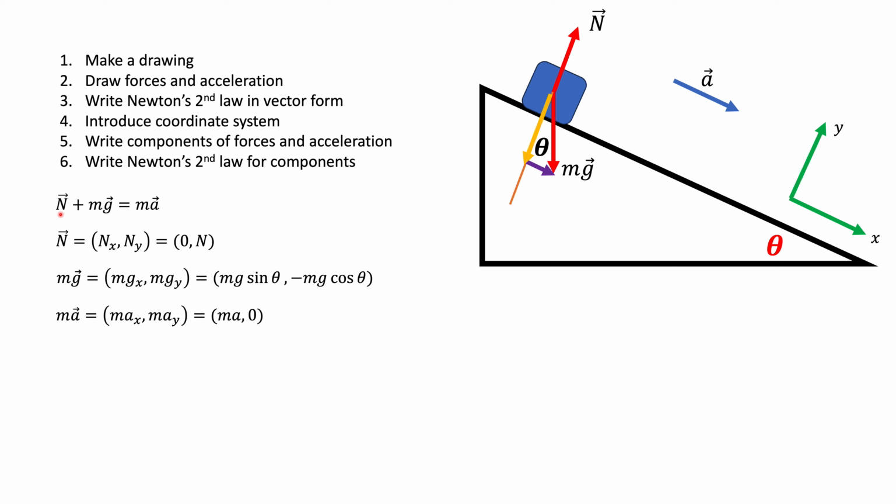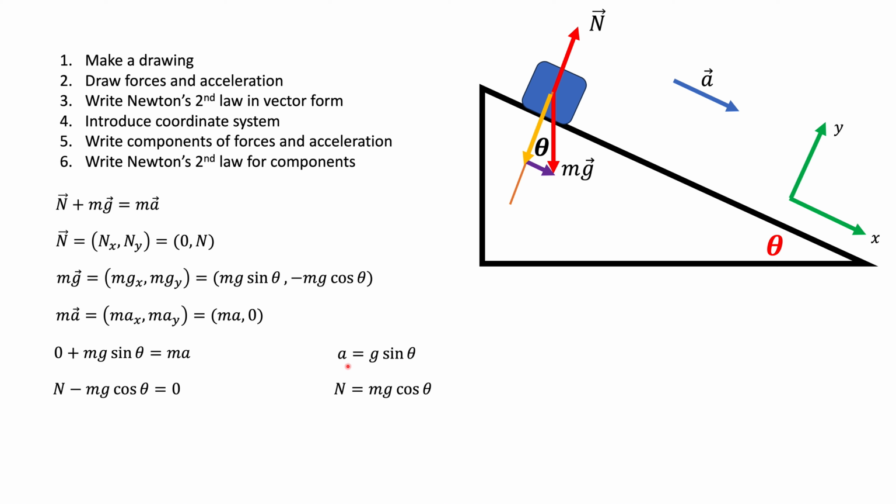This law should work for the x component and for the y component separately. For the x component, this is the equation we're going to get. And for the y component, this is the equation we're going to get. The first equation gives us acceleration a. The second equation gives us the value of normal force N. Notice that g is constant and theta is constant.